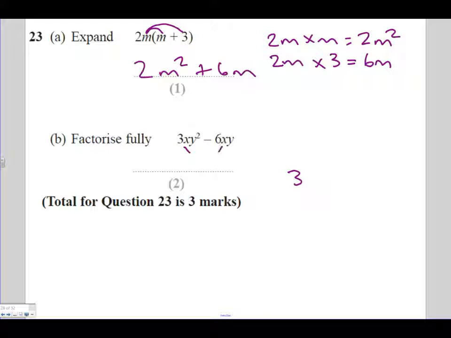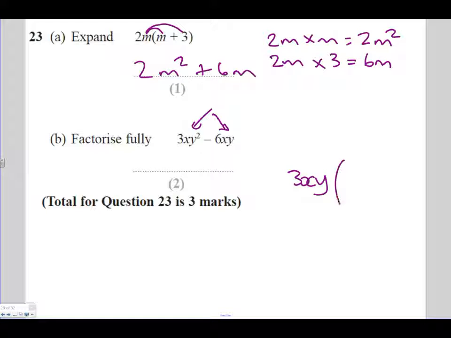The letter x appears in both terms, so we can pull out the x. And then finally, the letter y appears in both terms, so we can pull out a y. So 3xy is common to each of the 2 terms that we're looking at to factorize.